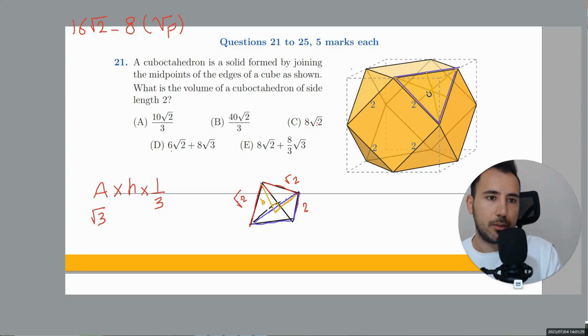The centroid would be 2/3 of the median. So in other words, we need to find this line. Okay, if we find this line, 2/3 of this will be this line that we need over here.